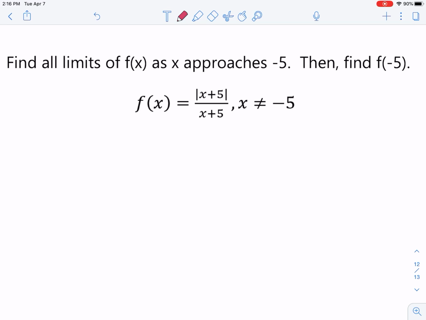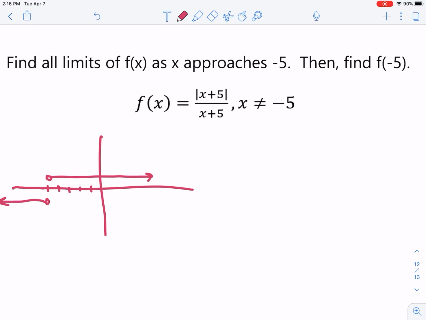So let's get a graph going here. This takes that sine function and shifts it to the what? Left 5. 1, 2, 3, 4, 5. +1, -1, all right?